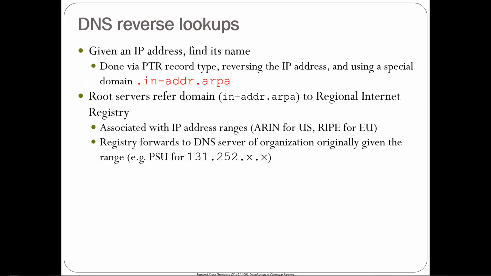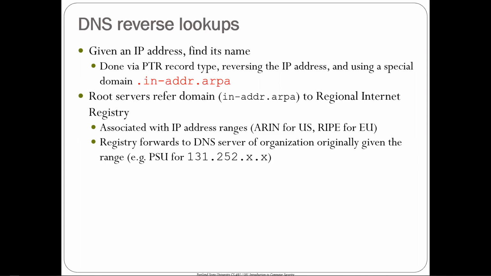As you register your IP addresses, like Portland State registers 131.252, in order to get that block, it has to agree to support the reverse lookups on 131.252. And then it registers with ARIN to say, when you get an in-addr.arpa query, forward it to my DNS server and I'll do the reverse lookup and give you the actual DNS name I have assigned to that IP address.